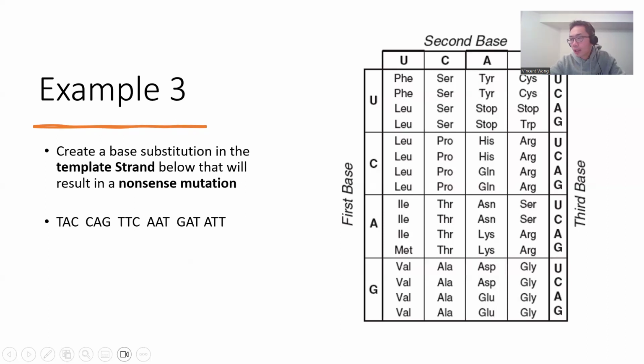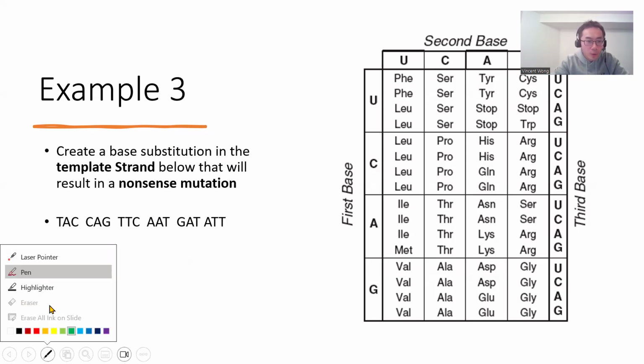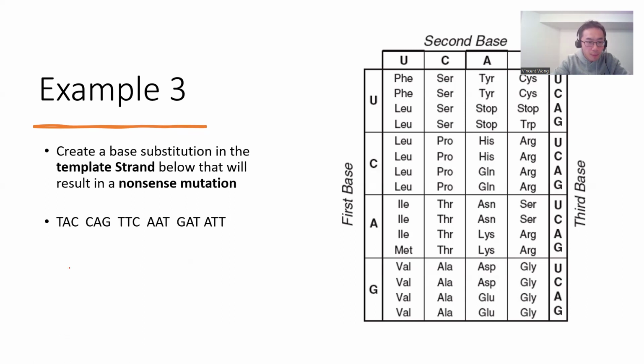Okay, let's do another one here. Number 3, create a base substitution in the template strand that will create a nonsense mutation. So again, we are going to make it into mRNA first to make it easier. But remember, this is the template, so we have to use the complementary rule.